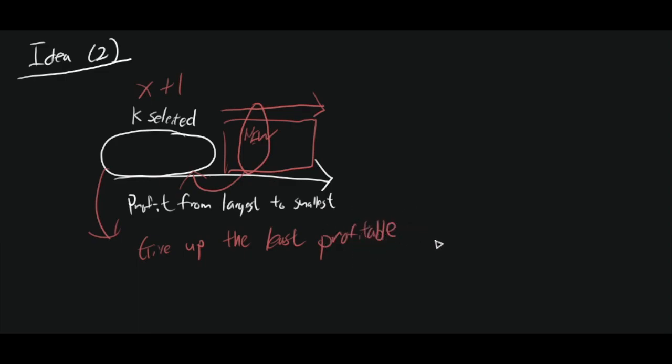profitable item. But one catch is that we don't want to give up the number of categories, because we know that on the left-hand side, the profit value will always be greater than the right-hand side. So if we trade any item on the left-hand side in order to increase the category, it makes sense.